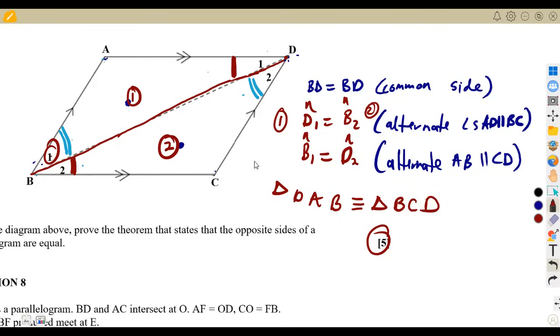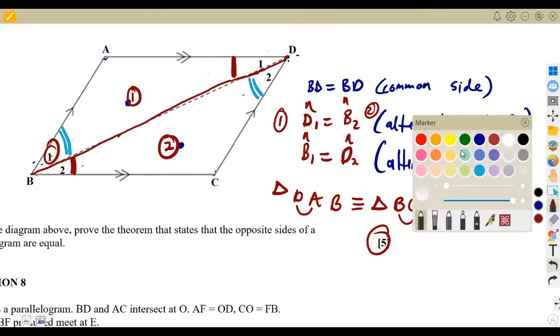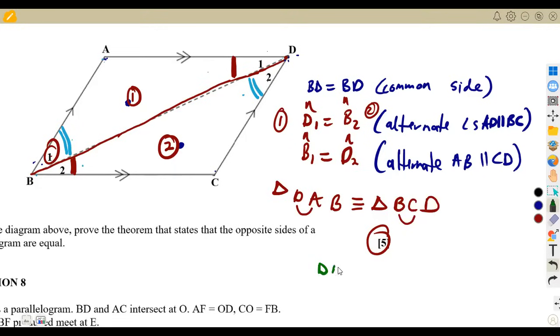So if they are congruent, what does it mean? It simply means from D to A, it is equal to B to C. So there we can conclude, therefore, DA is equal to BC, all right? We can also conclude that AB is equal to CD, all right?